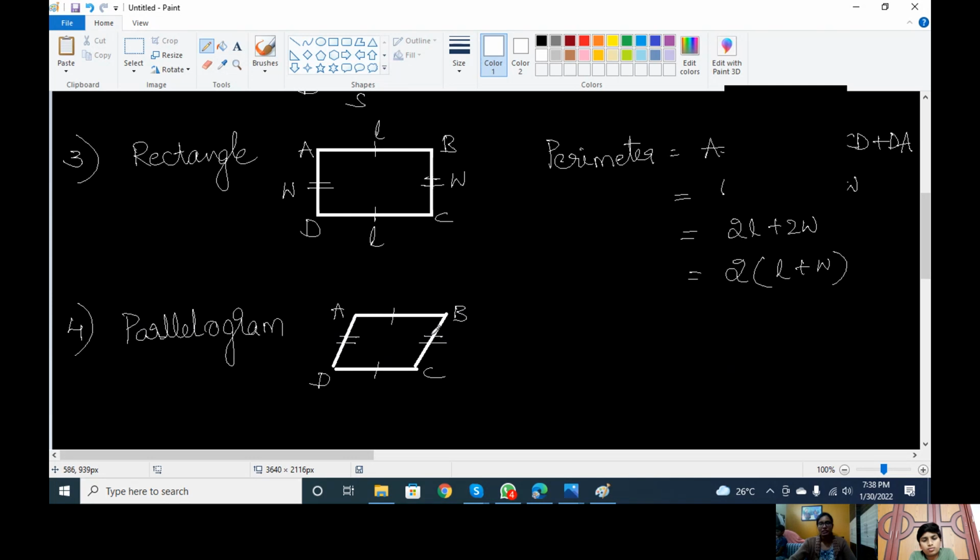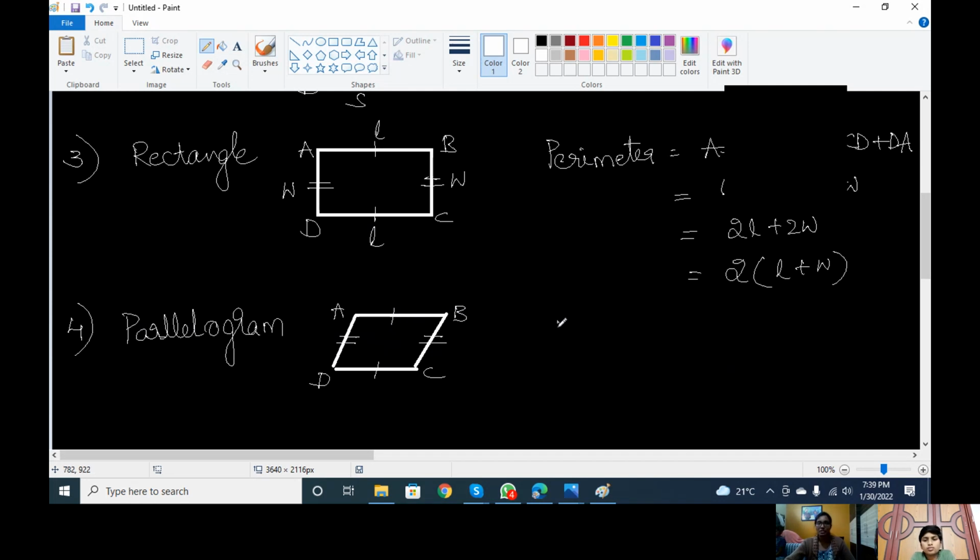Parallel means those lines travel endlessly but never meet anywhere. They maintain the same distance. For example, if I extend this line it will go like this only. Even BC, if I extend it downwards or upwards, never meets AD. They maintain the gap as it is. So in a parallelogram, opposite sides are parallel and also equal.